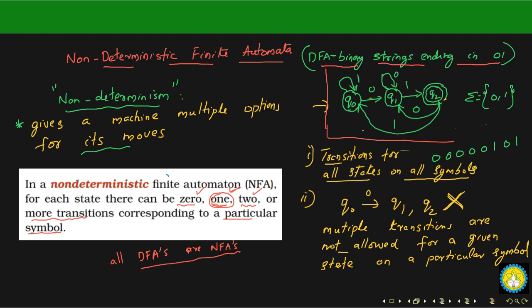We have the freedom of choosing only the required symbols and proceeding further. So the design of an NFA is generally easier compared to a DFA. Let's look at designing the NFA for binary strings ending in 01.